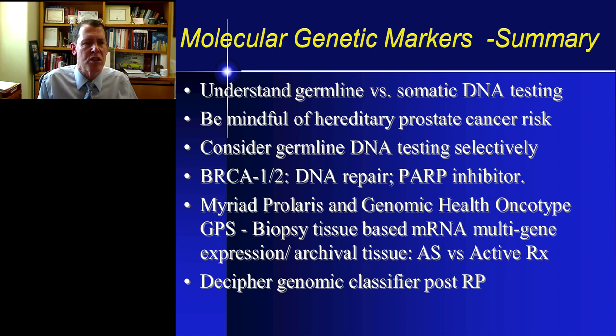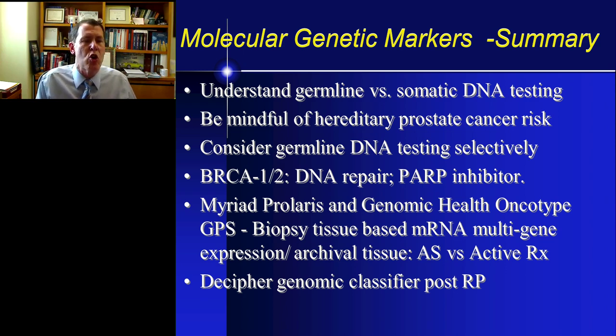That's a critical distinction. We really need to be mindful of hereditary cancers. And again, since I'm a urologist working in the prostate cancer space, me and my colleagues who deal with prostate cancer definitely need to be more mindful of thinking about the possibility of hereditary prostate cancer risk. And we talked about those risk factors earlier.